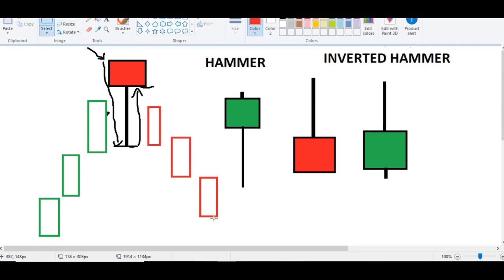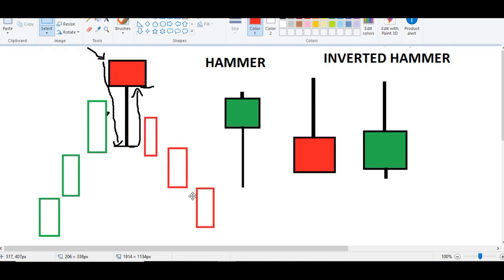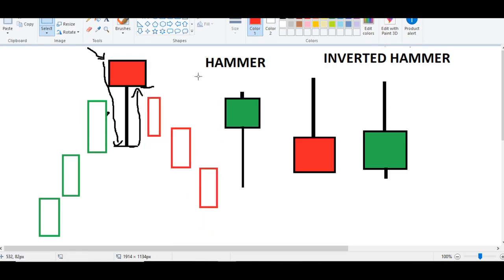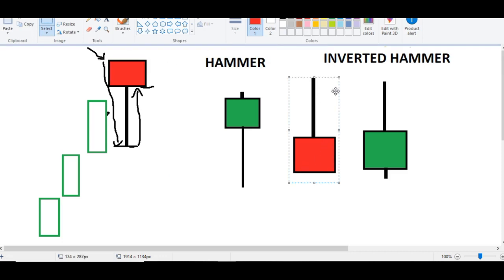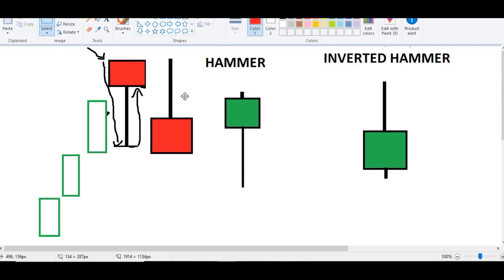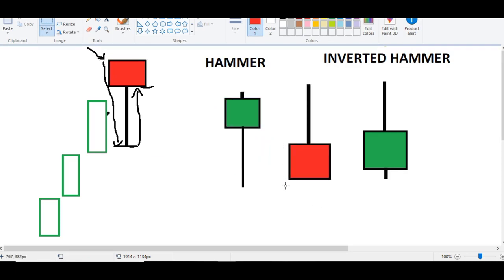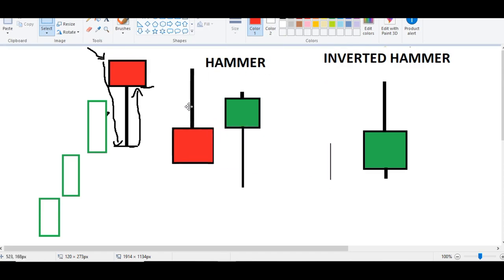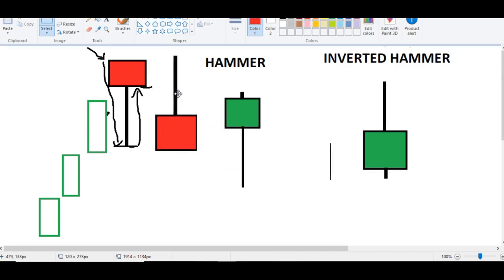Now, what makes the case for a reversal even stronger is if we see an inverted hammer in this place. If we see an inverted hammer here, this is an even stronger signal of a trend reversal.